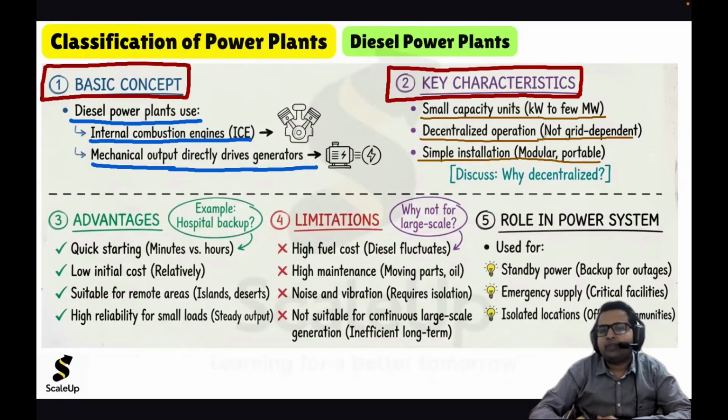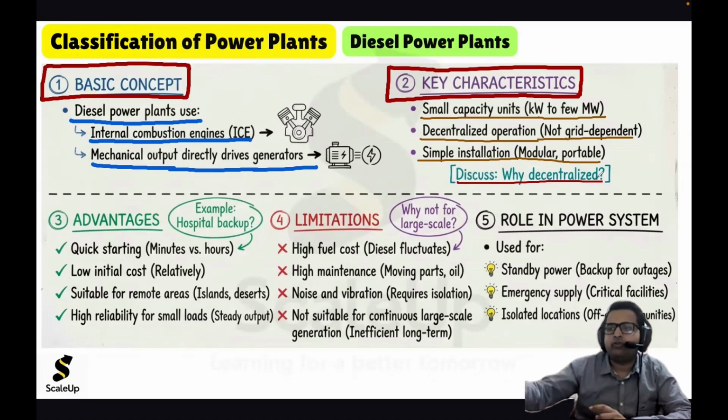Now, I hope it is making sense why it is decentralized, because simple generators you might have seen in your surroundings also. Many people in their houses use generators, or in some office buildings, you might have seen a generator wherein we fill the fuel, the diesel, and when we run it, it will generate the electricity.